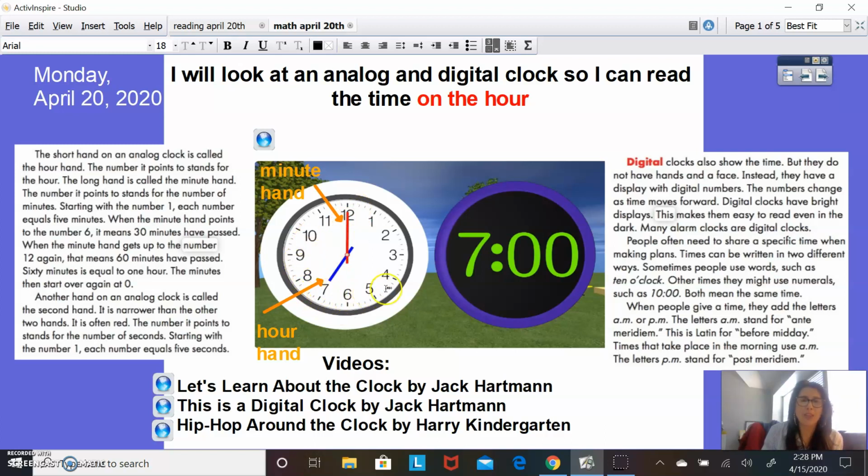So I want you to think about one of these times: 1 o'clock, 2 o'clock, 3 o'clock, 4 o'clock, 5 o'clock, 6, 7, 8, 9, 10, 11, or 12 o'clock.